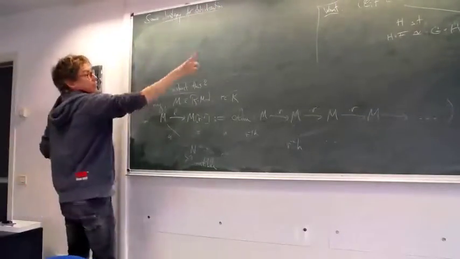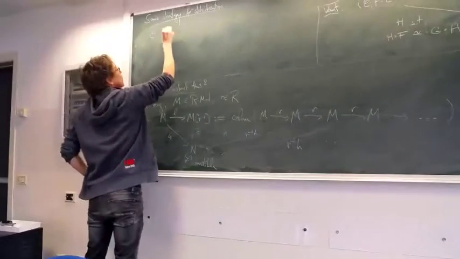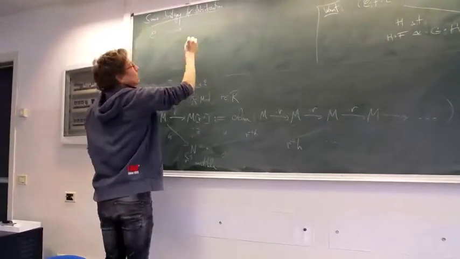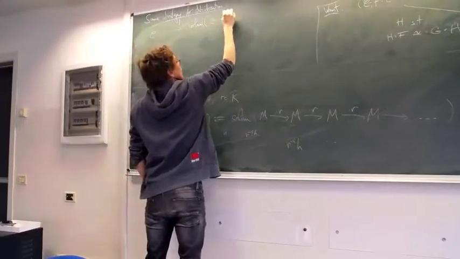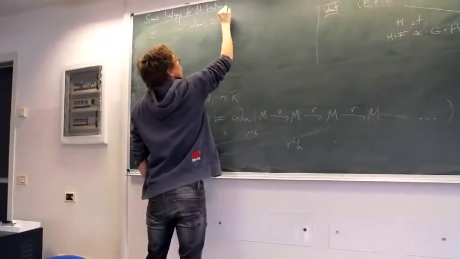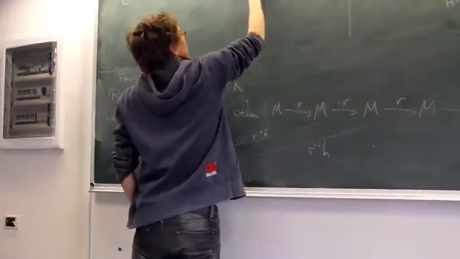We just take our given category C, form this colimit of C, and apply this formula.